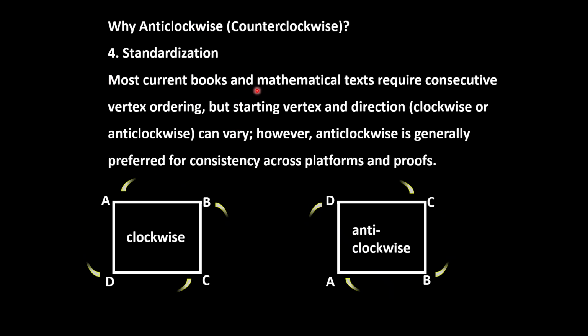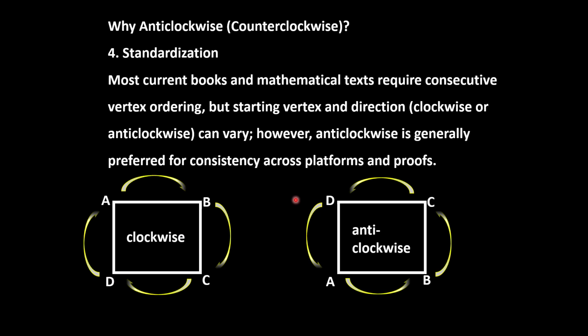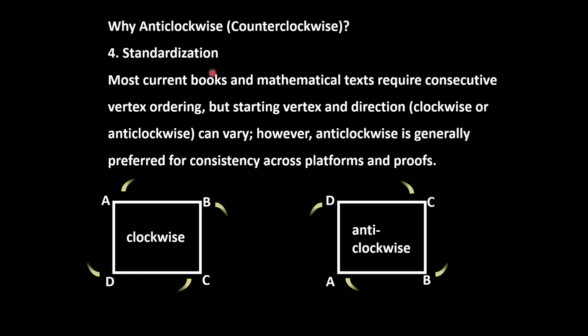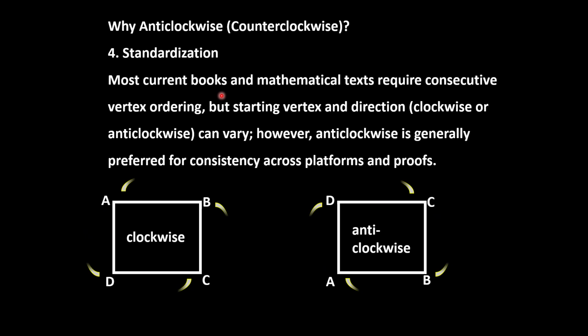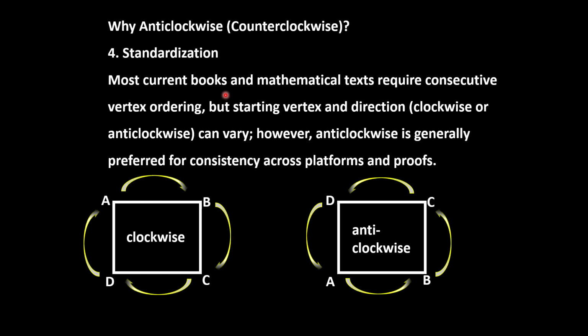Let it be uniform throughout the world, that whenever we are talking of polygons, we will always be talking about vertices in anti-clockwise direction. So that is standardization and uniformity. Uniformity across all branches, mathematics, computer science, analytic geometry, standardization and uniformity everywhere that you order the vertices anti-clockwise.